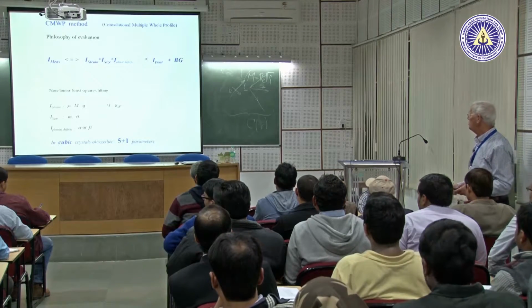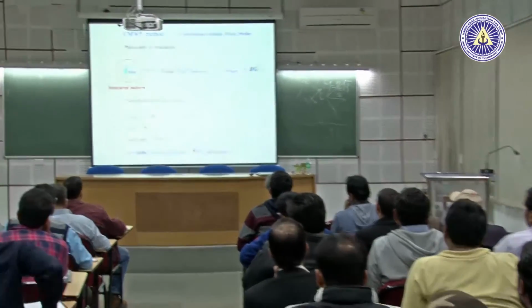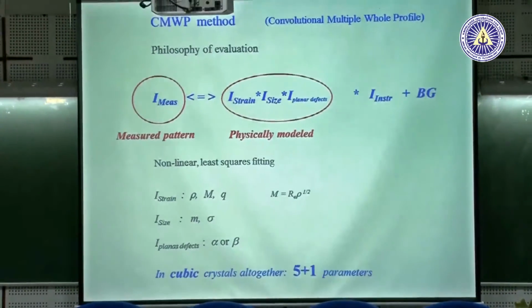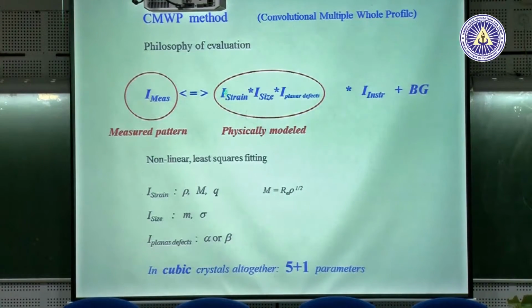So what you can do is you measure the diffraction pattern, then you have a calculated strain profile, a calculated size profile, and we didn't talk about the planar defects profiles, but that can also be calculated ab initio. You convolute these with the instrumental effect, and you add the background.